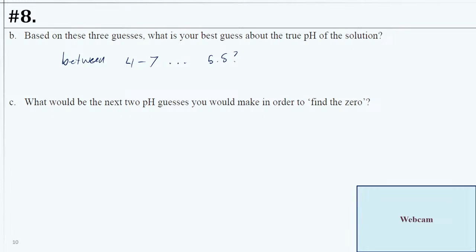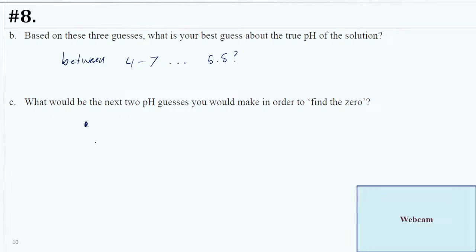I was thinking maybe pH 5.5, which was my guess here, and then halfway between that and whichever was closer, pH 4 or pH 7. That's a little bit fancy. I didn't need anything quite that fancy, but that was just my thought.